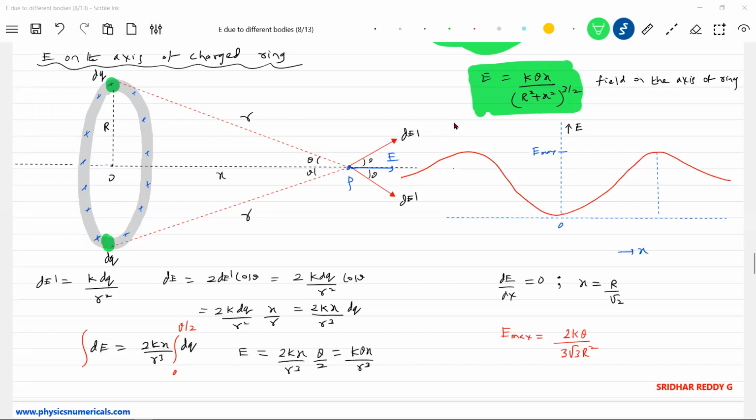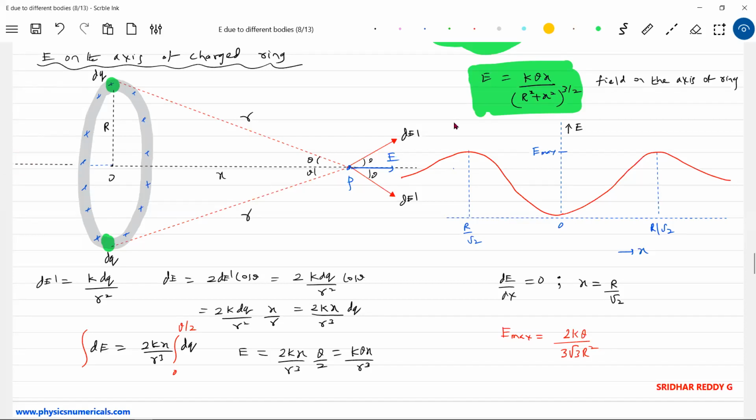Plus or minus root 2, either way. So here, this is R by root 2. The field will be maximum here. We do have plenty of good questions. Do remember this data. So like this, the field on either side, don't think that field will not be there on this side; the electrostatic field will be present on this side too.